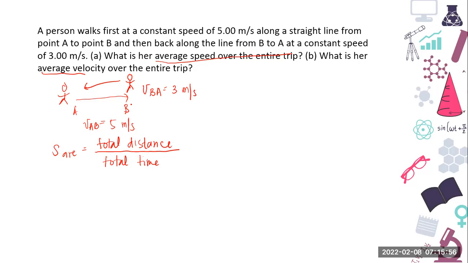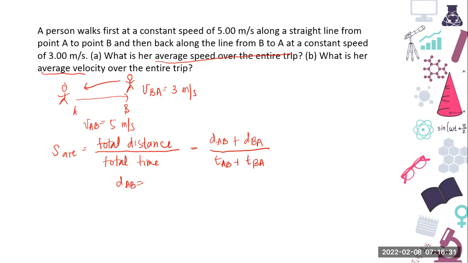So we know that the total distance, we don't care about the direction. It will just be, of course, DAB plus DBA. It will be the distance from A to B plus B to A. And if we, of course, get the total time, that's simply TAB plus the time it takes to cover points B to A. However, it's also safe to assume that that distance is the same.